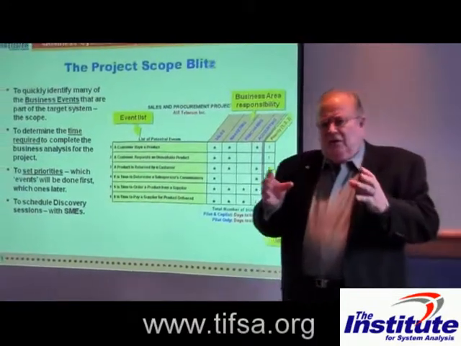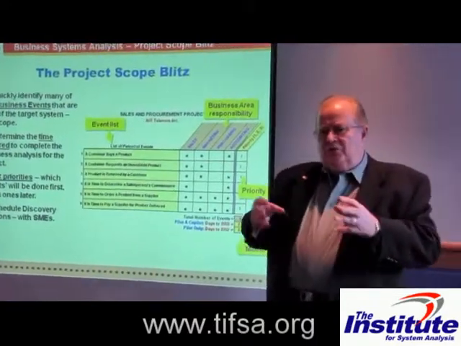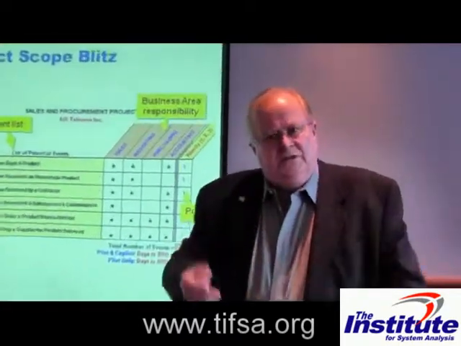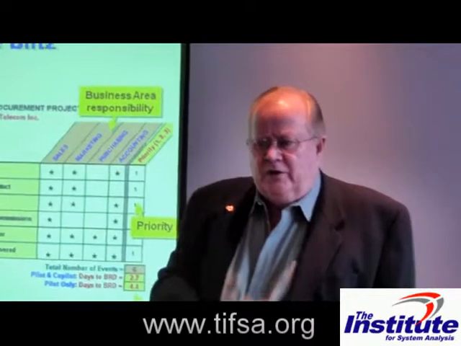Now, the first time you do this project scope blitz, all things are difficult the very first time. So one of the things that we're going to give you as part of this course is a list of all the events in the universe. Not all in the universe, but all the ones that we have.